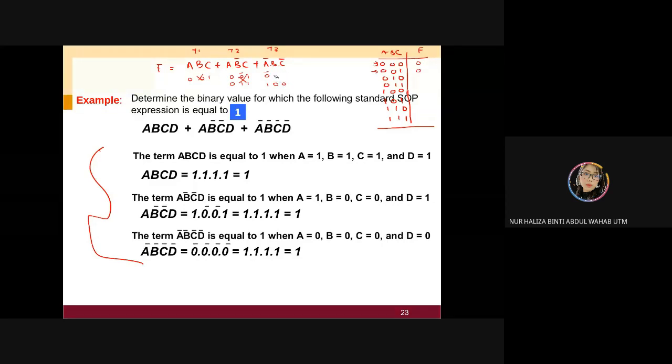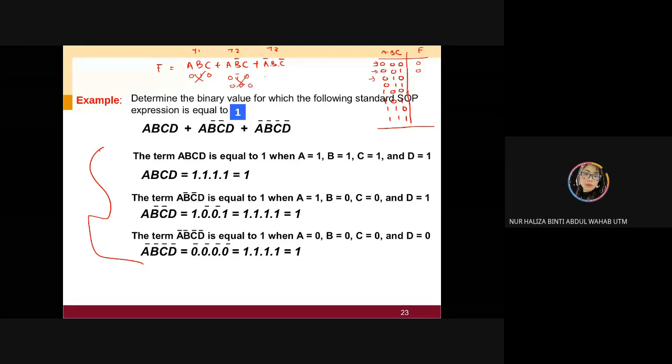I go for another. The third one, I'm going to get 0, 1, 0. Let me apply here, 0, 1, 0. I get 0. Over here, I will get 0, 1 bar, 0, so 0, 0, 0. So 0 again.